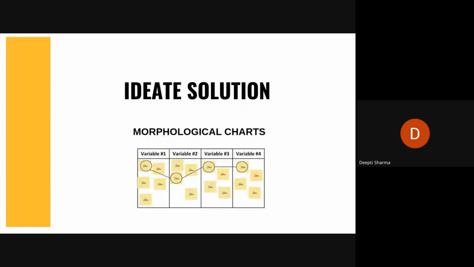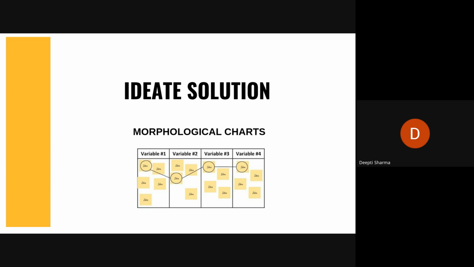In this morphological chart, we can see we have divided the table into four parts, where we have variable number 1, variable 2, 3, and 4. These variables can be streams, concepts, or anything from our subjects.